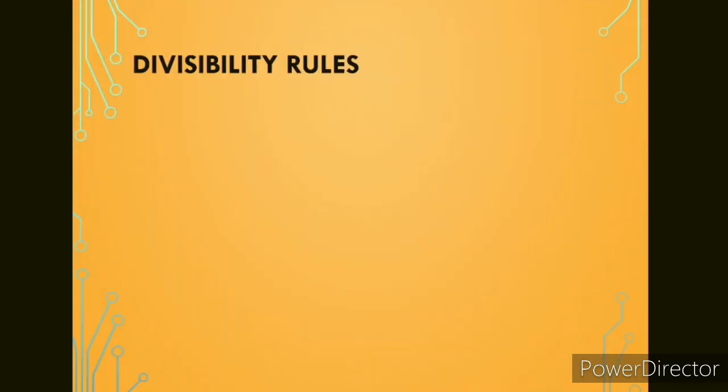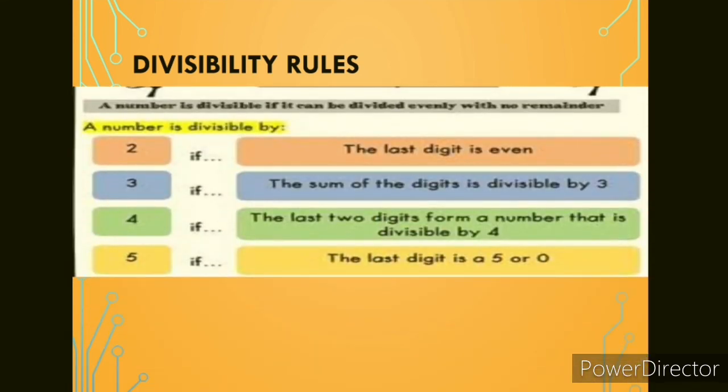Now divisibility rules. Let's sum it up. Whenever we are dividing a number, if it is evenly divisible by that number, we get the remainder 0. Now let us sum it up. A number is divisible by 2 if the last digit is even.